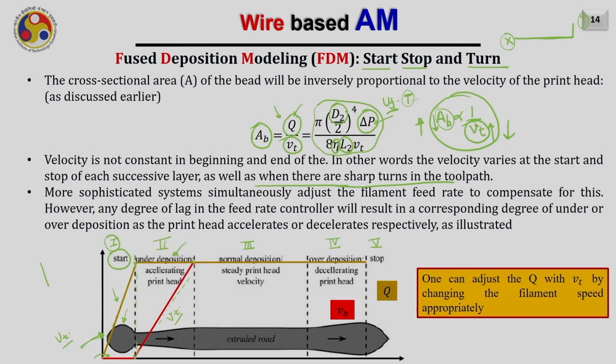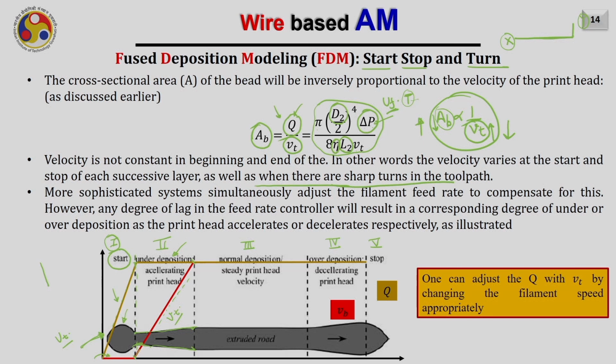As the velocity increases, first a necking will occur, meaning a smaller cross section of the bead, and then it will finally increase to the stable condition. Slowly the velocity will increase and it will take the final shape. But as there is a finite velocity in the beginning, suddenly a necking will occur.